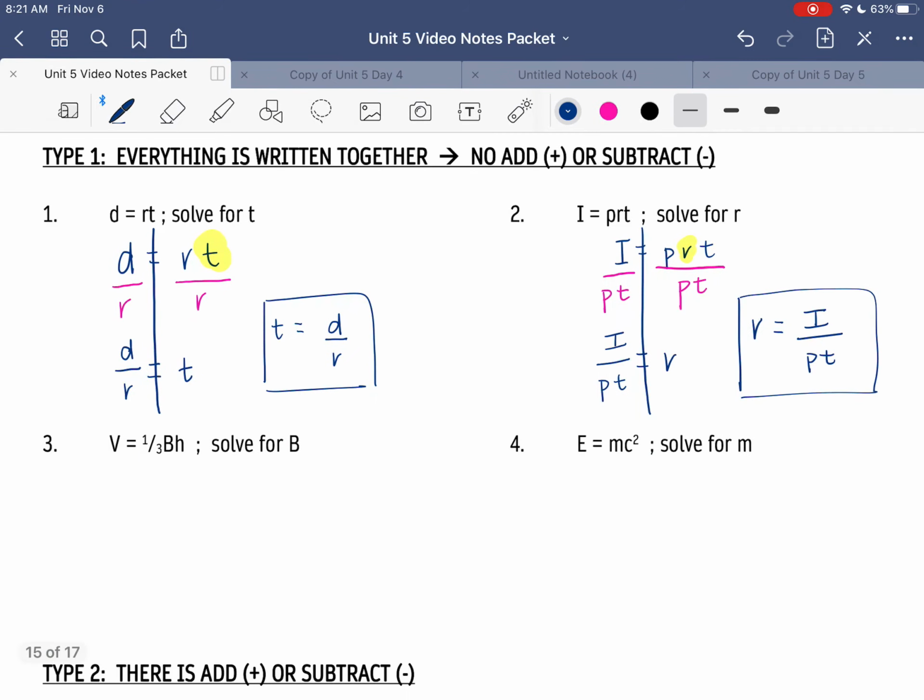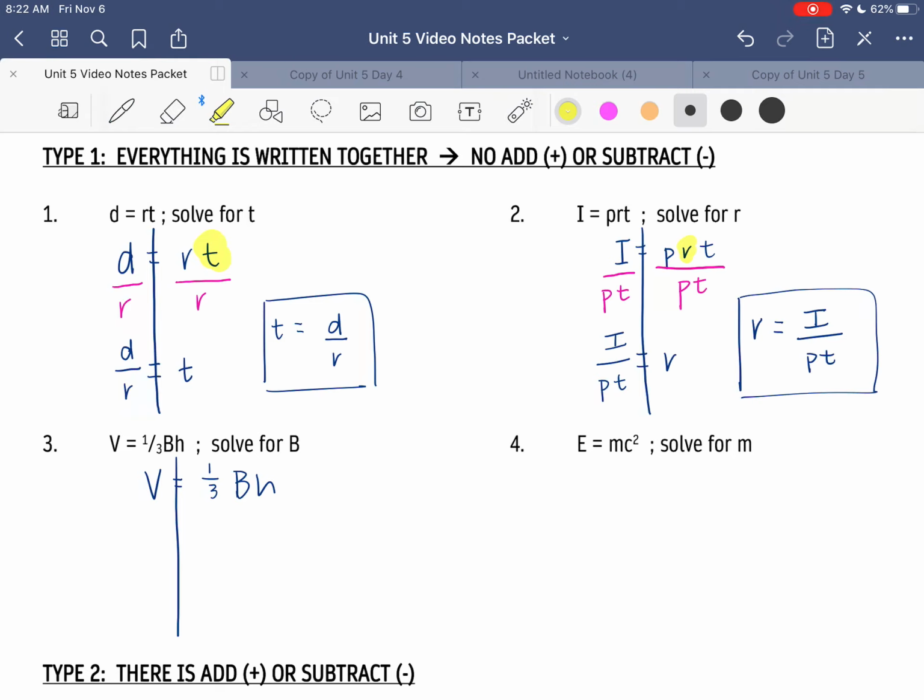Number 3 says V equals 1/3 BH. This is actually a volume formula, and we want to solve for B, or get B by itself. Again, that 1/3, the B and the H are all just being multiplied together.